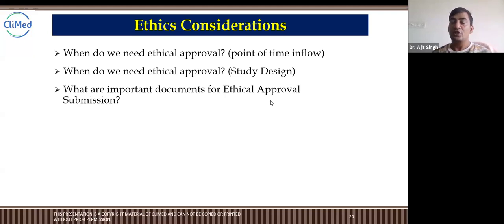What are the important documents for ethics committee approval submission? Yes, guys. Informed consent. Protocol. Wonderful. There is a protocol. There is informed consent in different languages. There is a patient information sheet. We call it PIS.